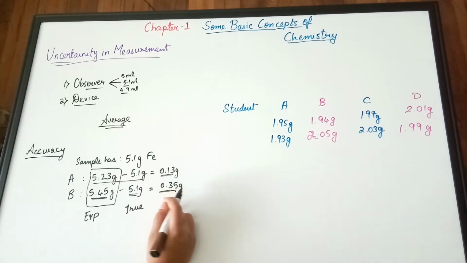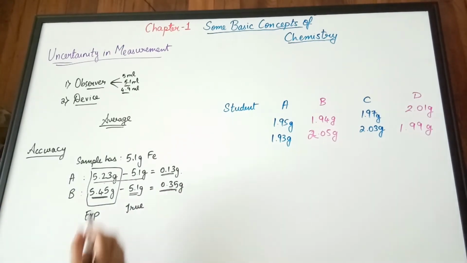The issue with this is that not always do we know the true value, right? You can't always assume we'll know the exact amount of a particular substance. So then you cannot predict a particular method or a person's accuracy.